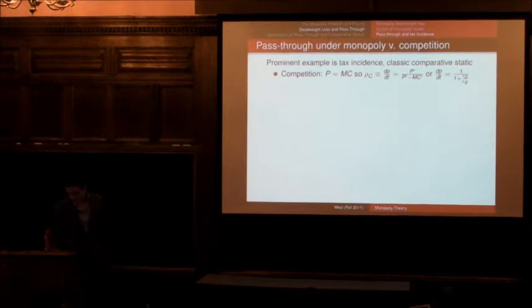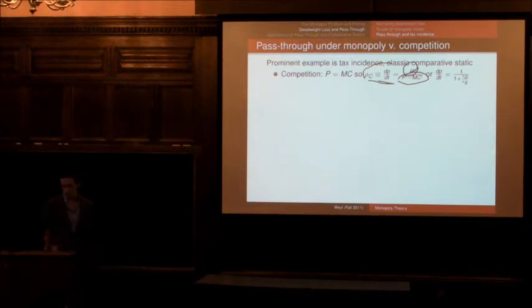And we get this expression here, that the derivative of price with respect to the tax is equal to how much the quantity changes in response to the tax, which is 1 over the derivative of P minus MC, times how much the price changes when the quantity changes, P prime.